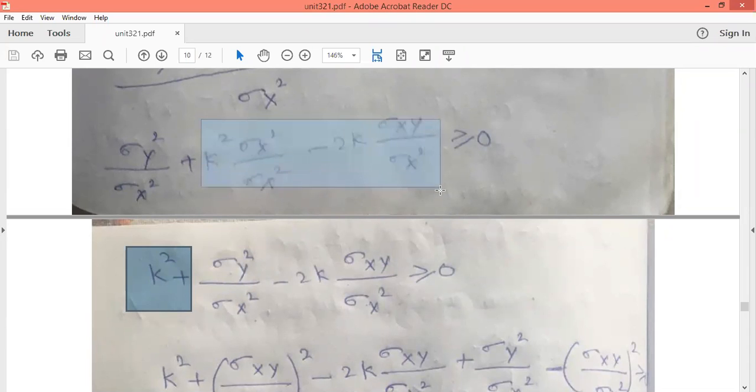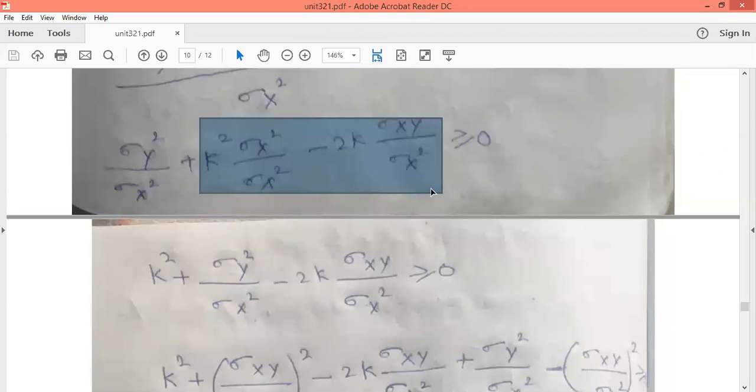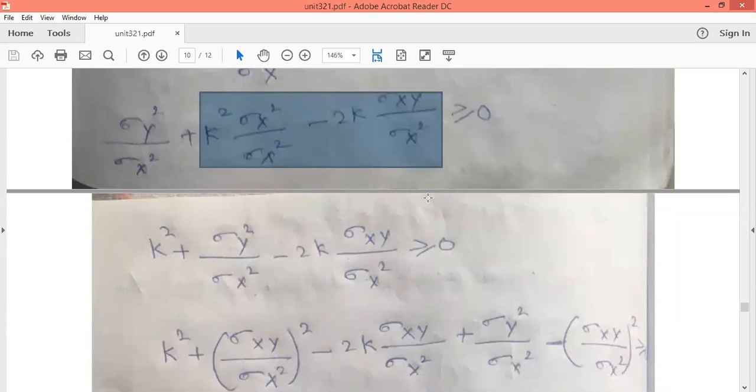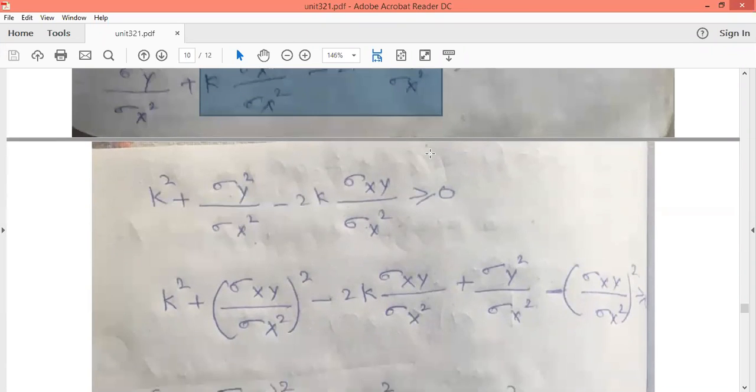By considering these two terms, we can write them in a minus b whole square form. Okay, so here we got k square minus 2k sigma xy divided by sigma x square. What we do here is add the term (sigma xy divided by sigma x square) whole square, so that we can write it in the a minus b square form.